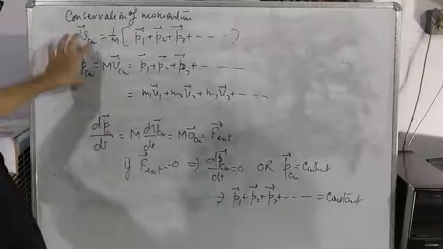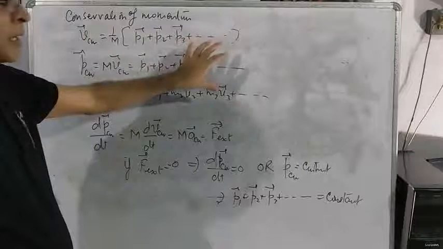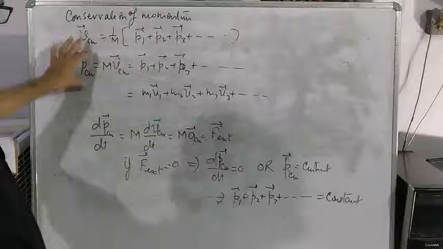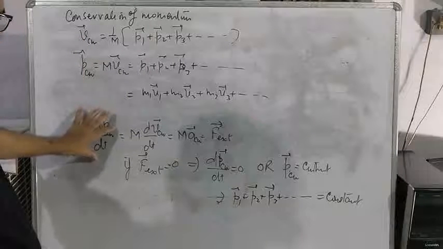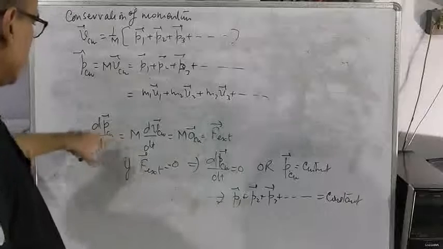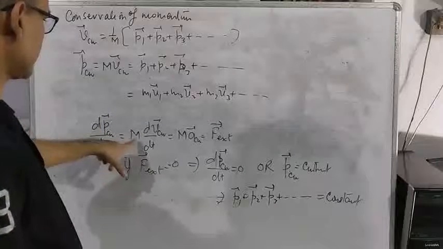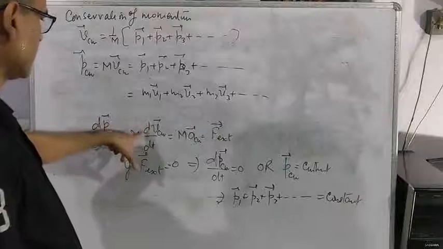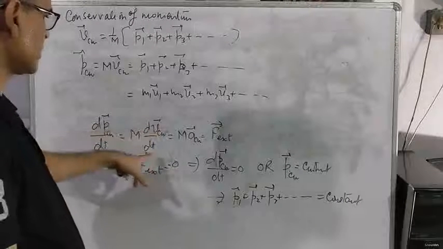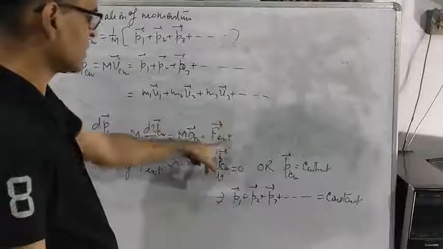So the momentum of center of mass is the sum of momenta of all the particles of the body. Now differentiate this equation with respect to time. dVCM by dt is the acceleration of center of mass, and mass into acceleration is called force. So this is the external force acting on the body.